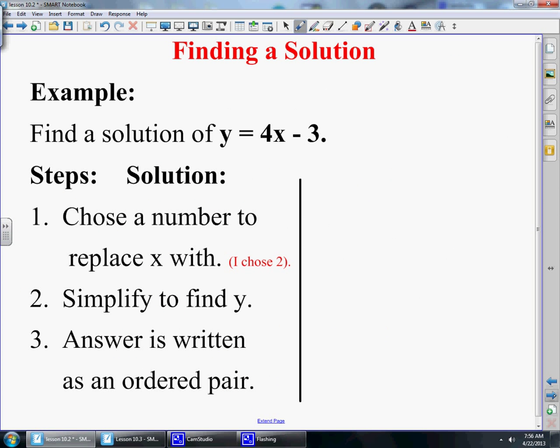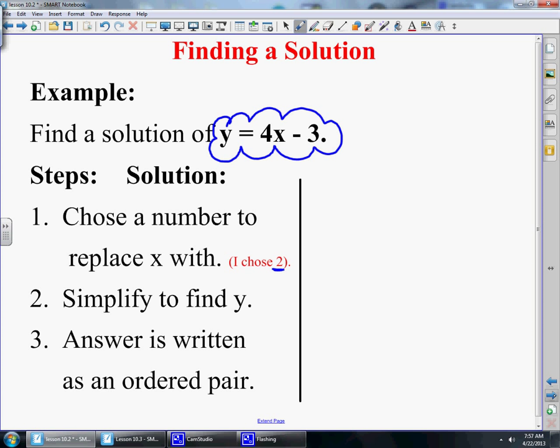All right, let's look at finding a solution. We want to find a solution to the equation y equals 4x minus 3, and this is a linear equation. The first thing you're going to do is choose a number to replace x with. I'm going to choose 2.